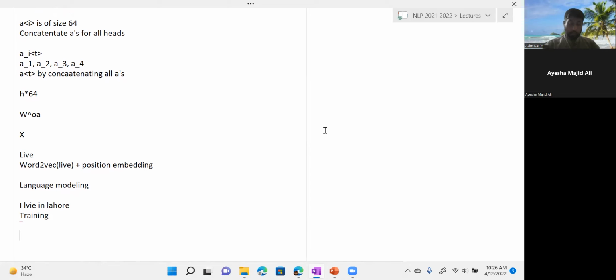So once you have trained the network, then you can compute probabilities for new sentences. Let's say you have a new sentence, "He lives in Karachi."